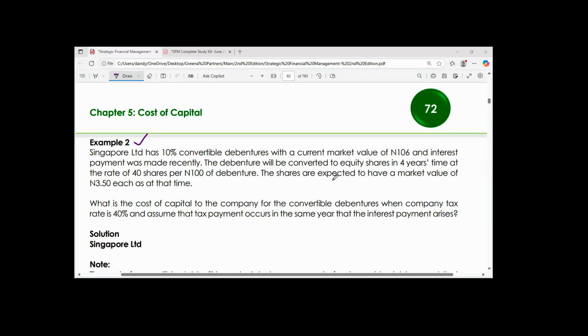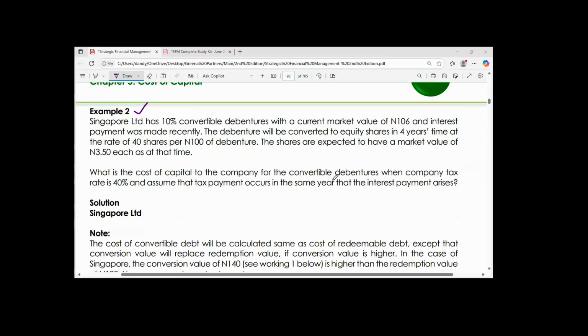Singapore Limited has 10% convertible debentures with a current market value of 106 naira. An interest payment was made recently. The debenture will be converted to equity shares in 4 years' time at the rate of 40 shares per 100 naira of debentures.